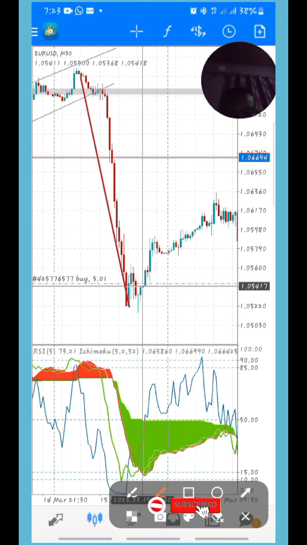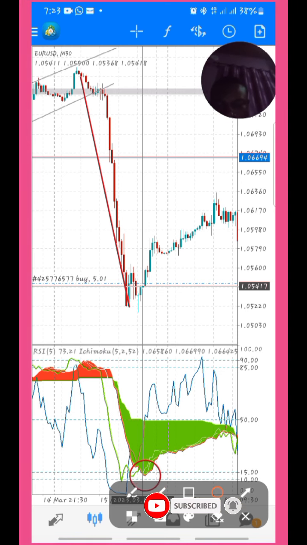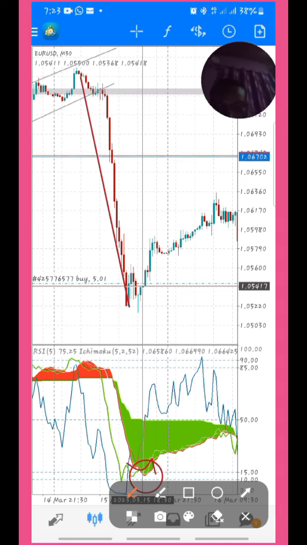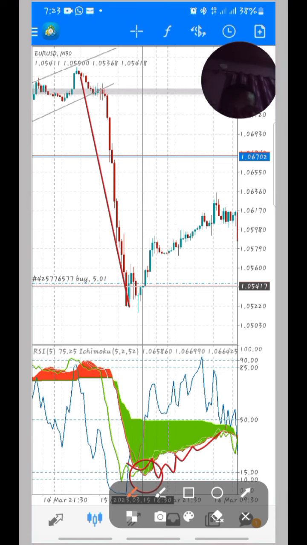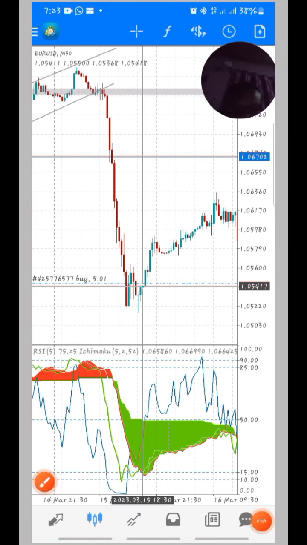Also, you can see a doji candle after having this drop down. You can see this lengthy downtrend movement, so I suspected a reversal movement, also having my confirmation at this oversold. All right, so I know that at this point, this market is going to reverse back up.